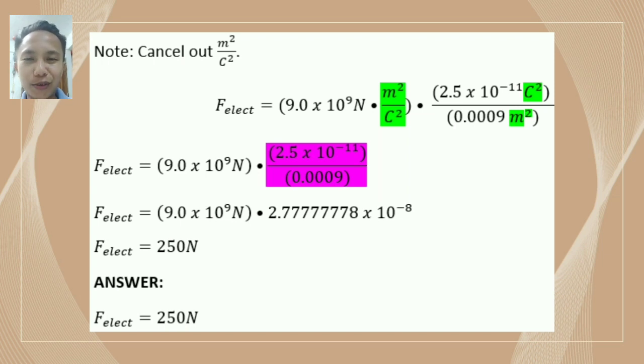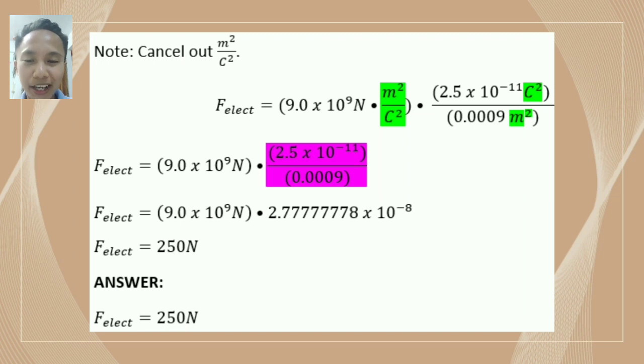Now, for the final act, again, divide 2.5 times 10 to the power of negative 11 by 0.0009, and you'll get 2.7777777, or 2.78 times 10 to the power of negative 8.